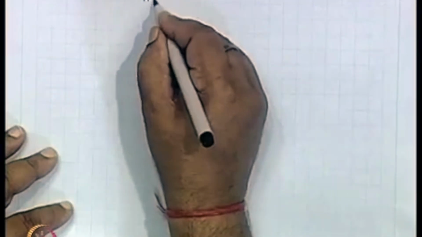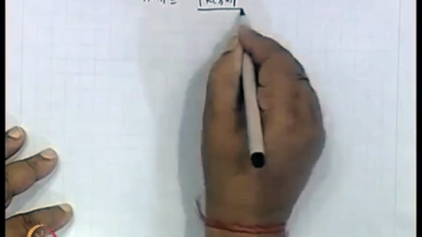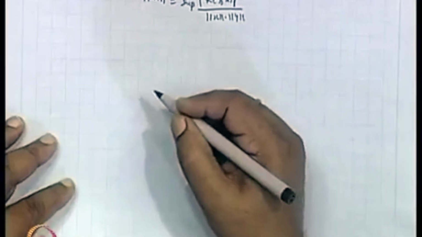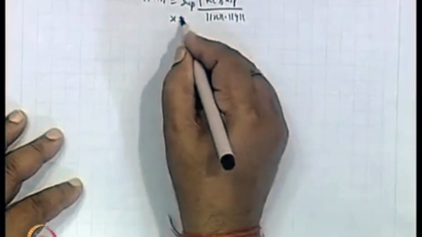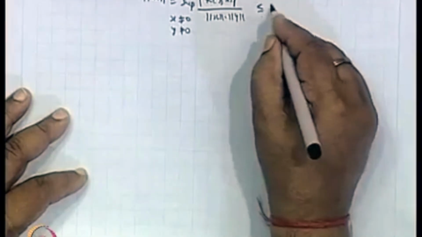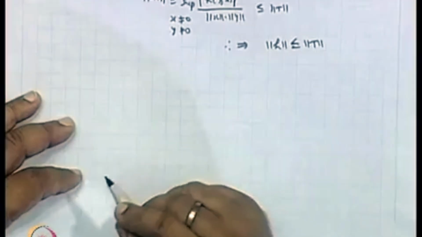Now this will be equal to the norm of h, which is the supremum of the modulus of h(y, x) over norm of x into norm of y, taken over x not equal to 0, y not equal to 0. But when you divide, it is less than or equal to norm T. So what we conclude is the norm of h is less than or equal to the norm of T. Is it okay?